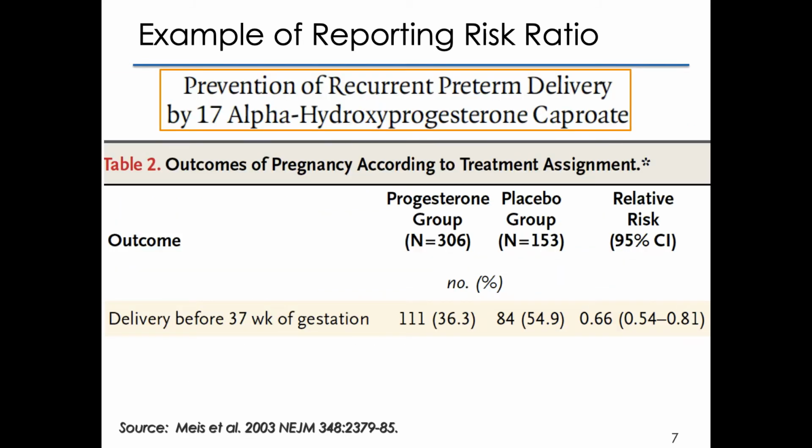Another example that also used a count denominator, and this is also a randomized trial, outcomes of pregnancy according to treatment assignment. And there was a progesterone and a placebo group for prevention of recurrent preterm delivery.